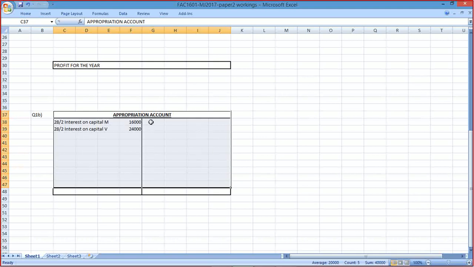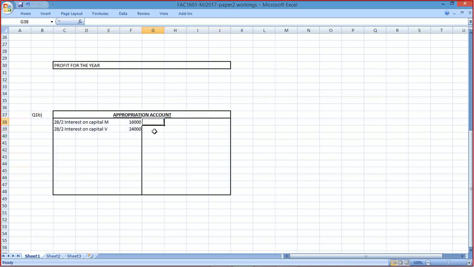It's going to credit it. Yes, it'll credit the partnership. Obviously there's going to be a profit line item here that we need to put in. So profit or loss. We need to work that out later. And then we'll have 28/2.